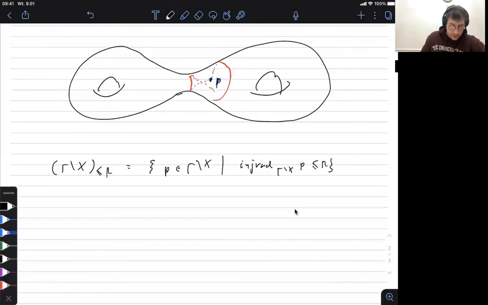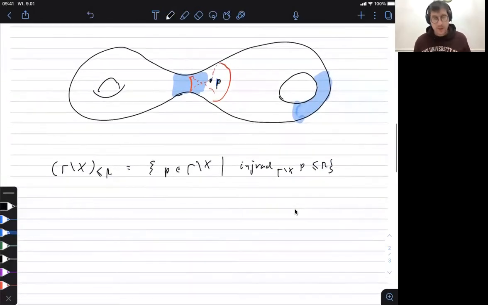Typically, the parts of the space that have small injectivity radius, at least for hyperbolic spaces, are formed of collars around short geodesics. So typically it will look somewhat like this.